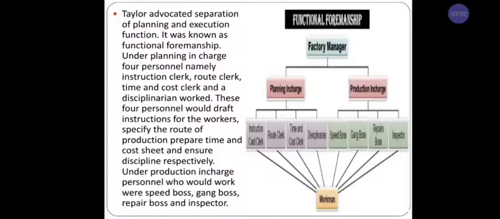Next is the disciplinary, who makes rules and regulations for maintaining discipline at the workplace. These are planning in charge: instruction card clerk, route clerk, time and cost clerk, disciplinary.